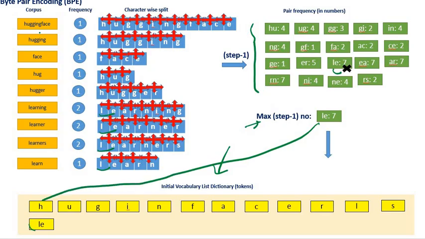Please note that the initial corpus is already the given words in terms of each character, so the pairwise I have to provide here. As I mentioned, LE has the maximum, so I'll put this here.